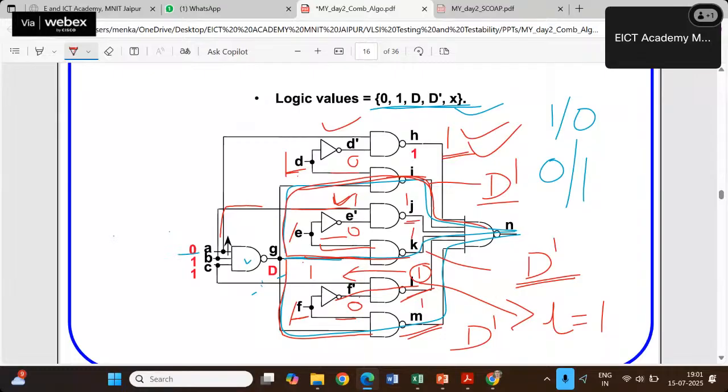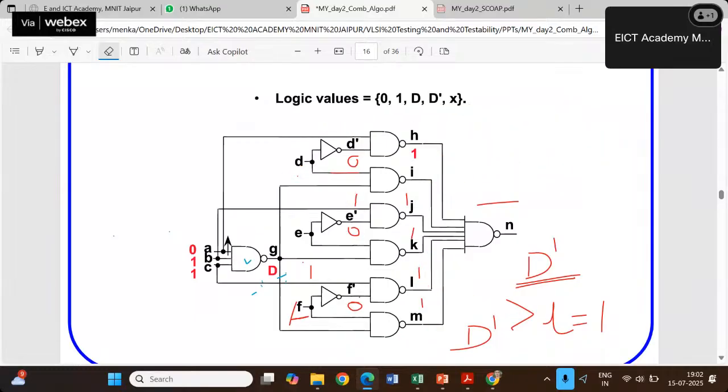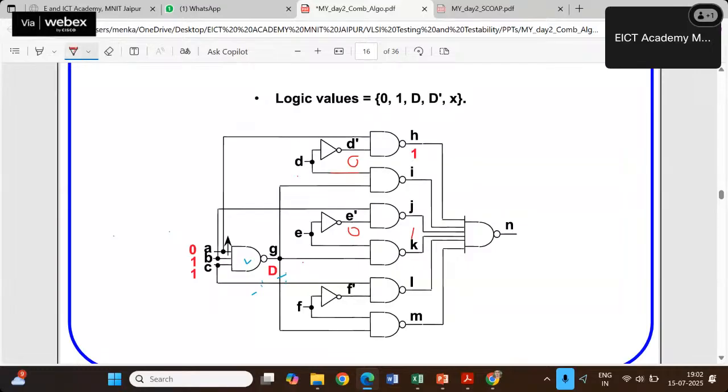With the help of this, I can figure out that there is only one way to propagate this fault, and that way is to propagate the fault all together with these three. That is the only option.